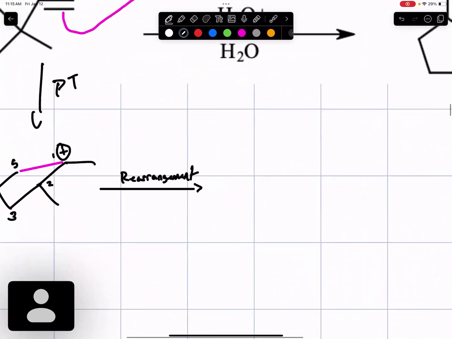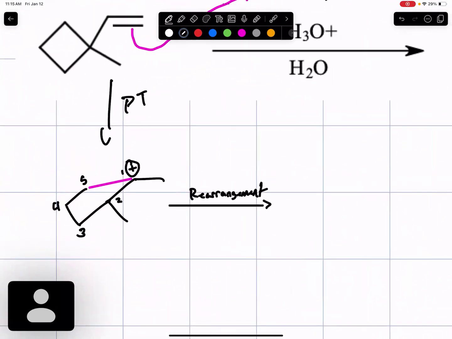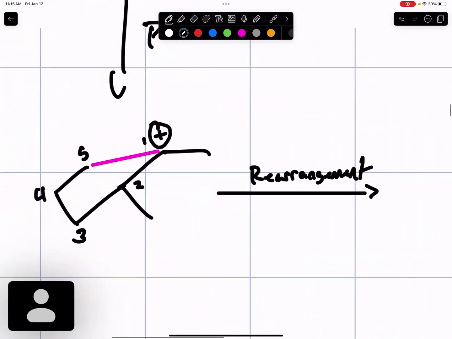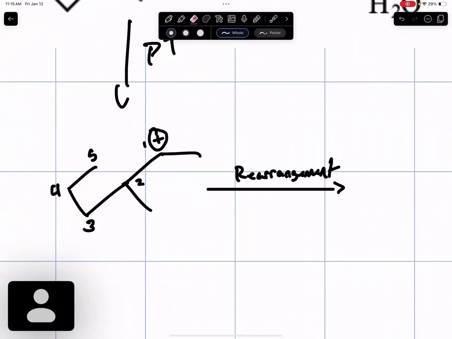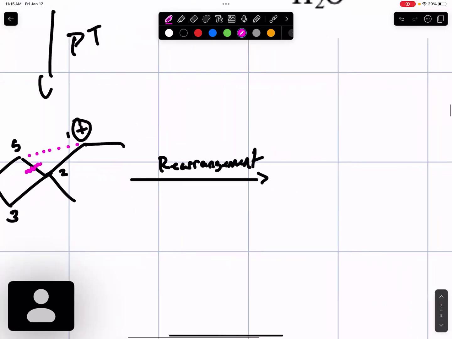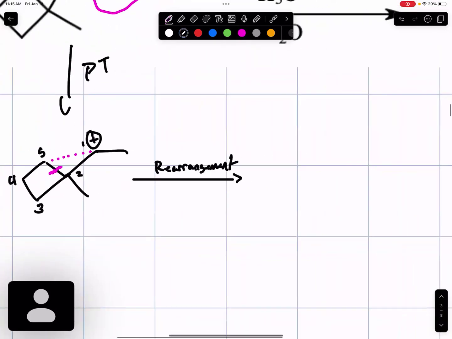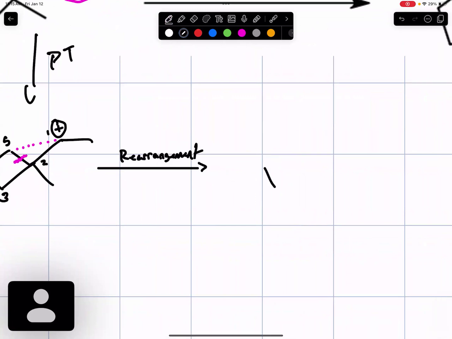Yes. Okay. And now, so what's happening? So for the people that are going to be watching, I'm going to erase this here, make this like that, and then show that this is breaking and it's reforming here. Okay. So now I have this pentane ring.